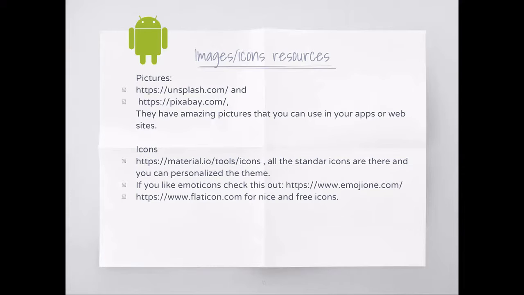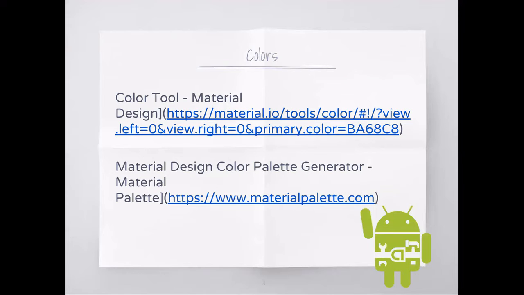Also, I know this is something you will be studying in the next lessons. You will see something about design, but it is good to know if you haven't started your project. I recommend that you take a look at these two links for Material Design, Material Colors.